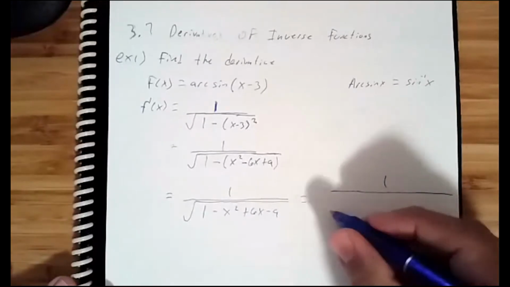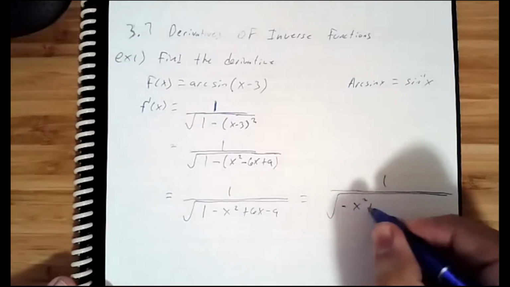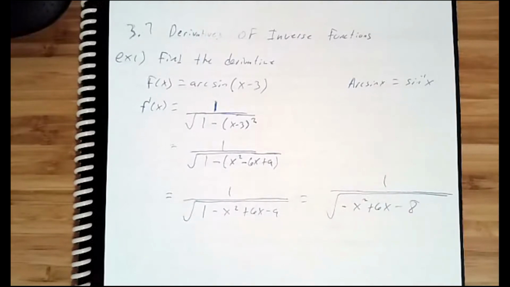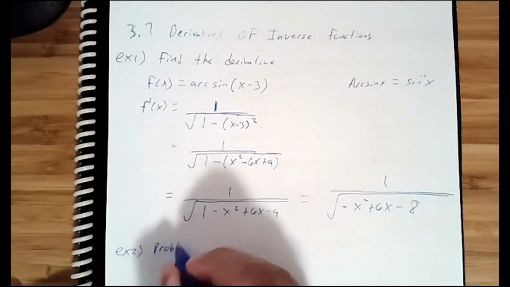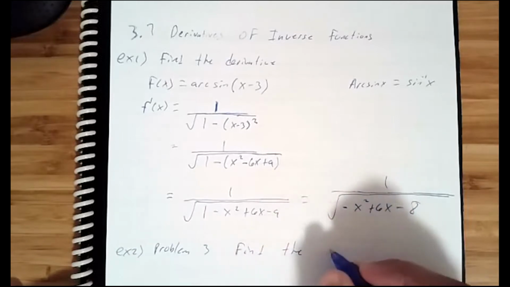It's going to be negative x squared plus 6x minus 8. So nothing crazy, right? Let's do number 3, I guess. Any questions on number 1?